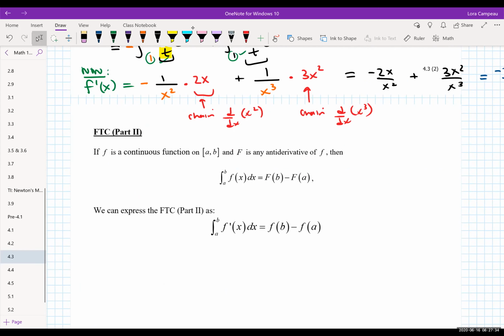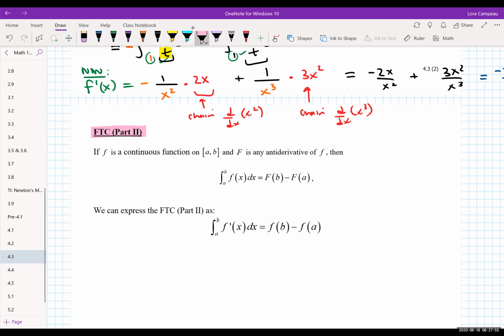So now, this is what we've all been waiting for, really. If I had music or something, I would play it to sound trumpets, but this is a really valuable part of our calculus. We actually will utilize this a lot more in Calc 2 and then the rest of this semester.